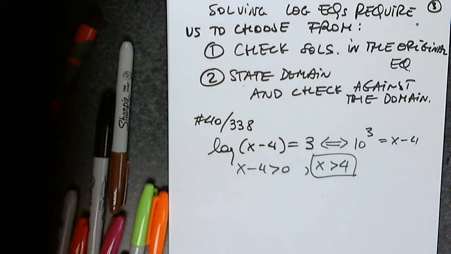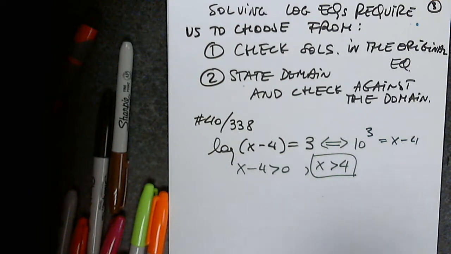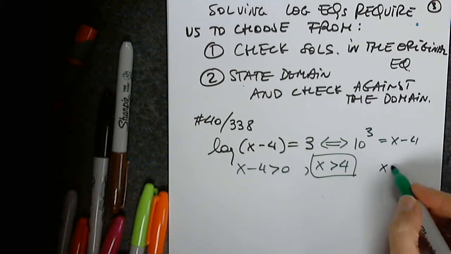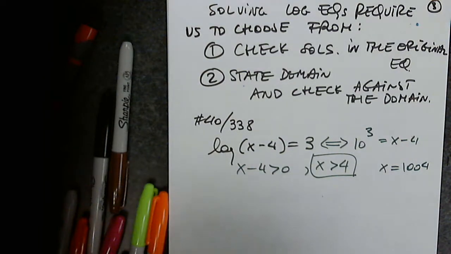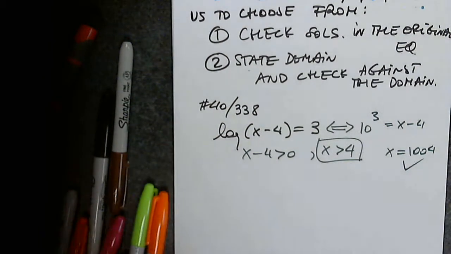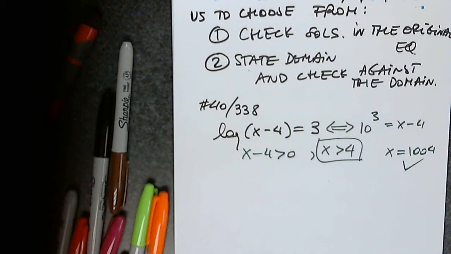How much is 10 to the third? 3 zeros. 1,000. And I have to add 4. So x equals 1,004. Is this in the domain? Yes. Good. That's it. Done. Okay. Let's look at 44.